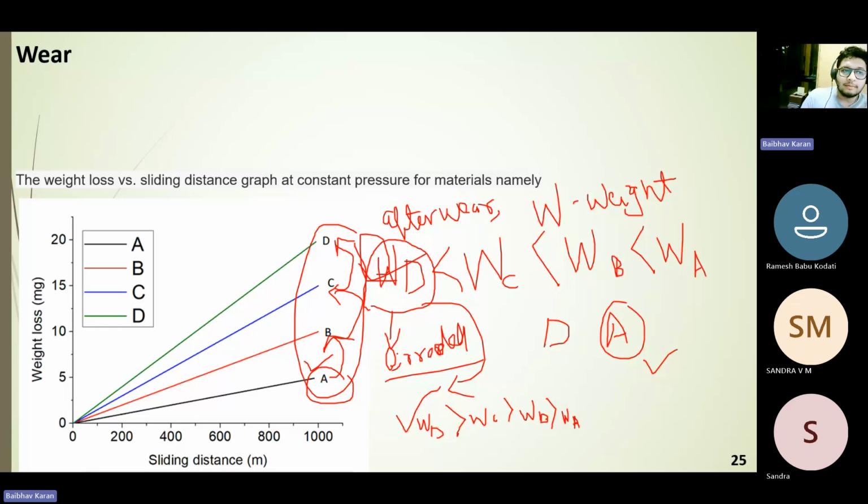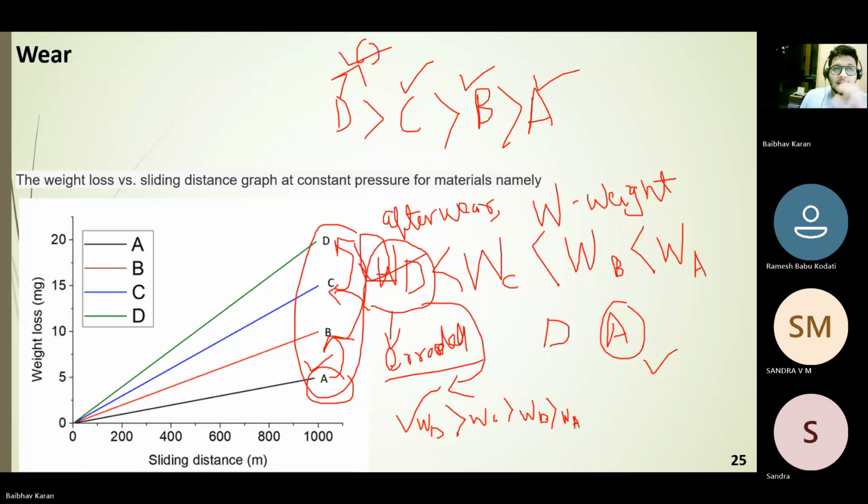Because if material D is wearing out more than material C, more than B, more than A, that means the hardness of D will be less as compared to C, B, and A. And in the previous slide I told you that the hardness or strength of the material depends on the grain size.